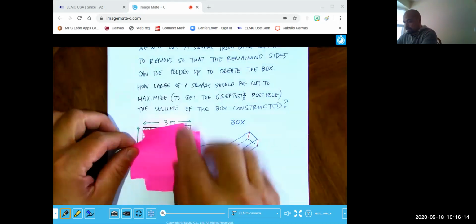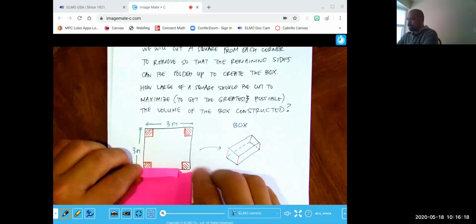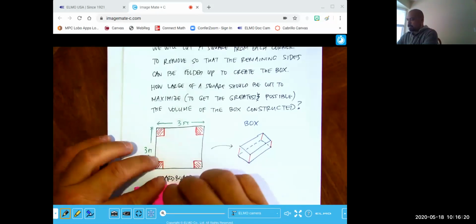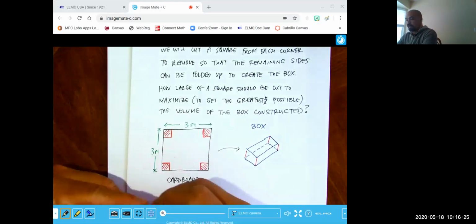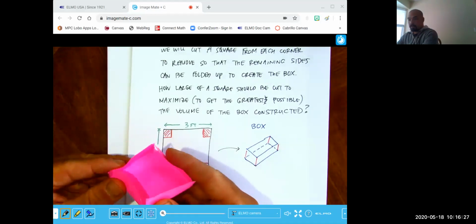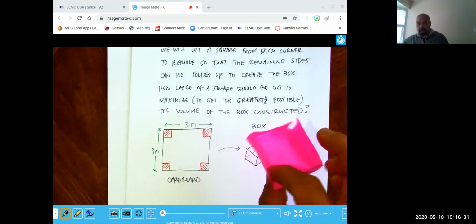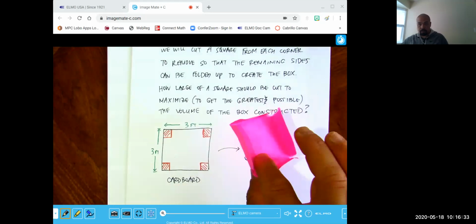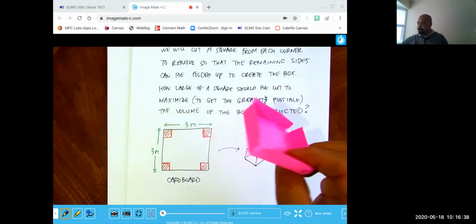Once I get that cut out, then we're gonna start to fold up our different sides along those edges. Maybe a little bit laborious, but just so we can visualize. Now I'm not sure how well that hot pink shows up, but now we have this box constructed.